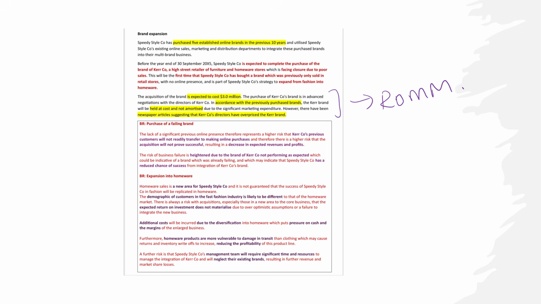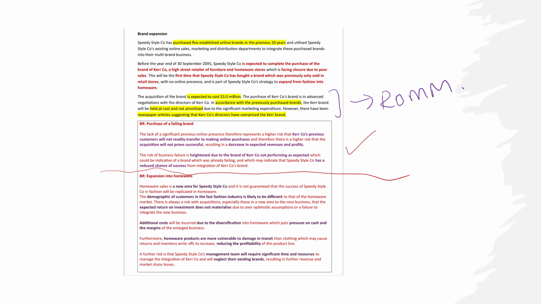Now, as far as business risks are concerned, you could actually get up to 4 marks with this. You could talk about the purchase of a failing brand. Remember, it's given in the scenario that the previous customers are not very happy with it. Plus, it's mentioned that they have retail stores, no online presence.